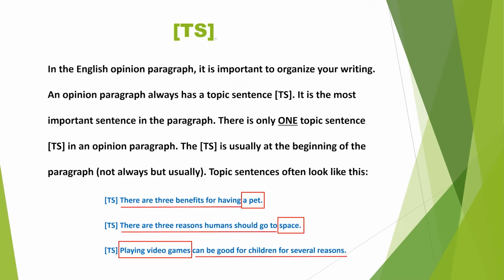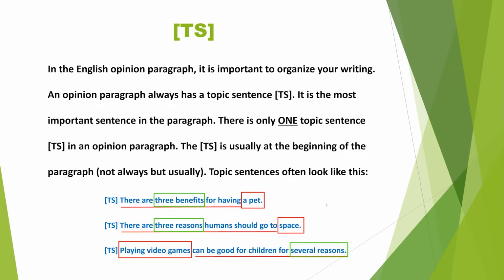Now I want to point something out here that might not be obvious to some. You notice that it says 3 benefits in the first topic sentence. And then in the second one, we have 3 reasons. And then the last one, we have several reasons. Now, several means more than 2, okay? So we seem to have 3 main points in our opinion, in our topic sentence for the first 2.